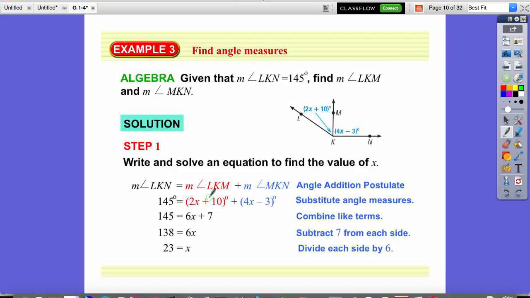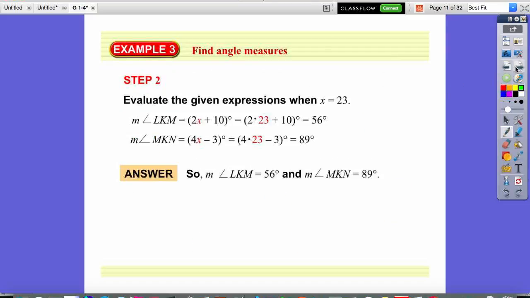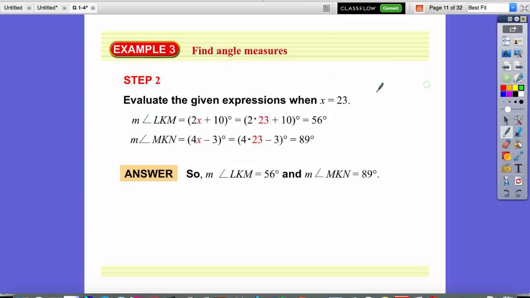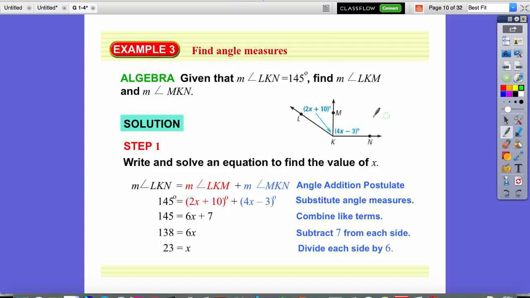When I do all of this, I can find that x is equal to 23. If I want to now know the angles, I have to plug 23 back in. So I end up finding that LKM is 56. And MKN is 89.